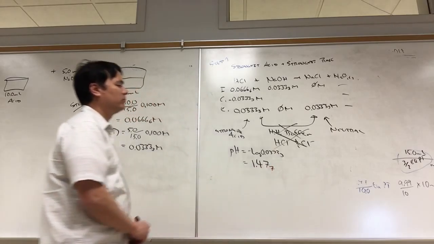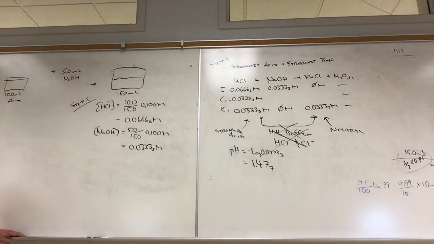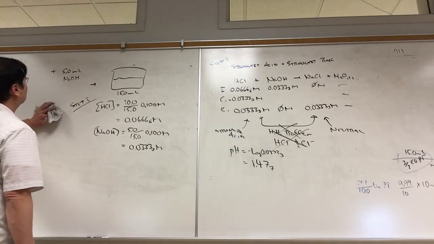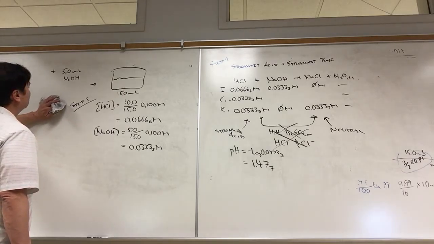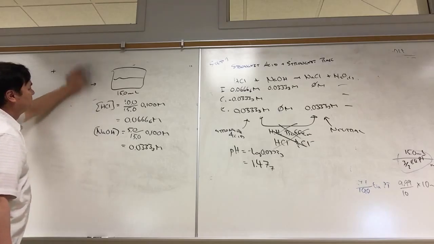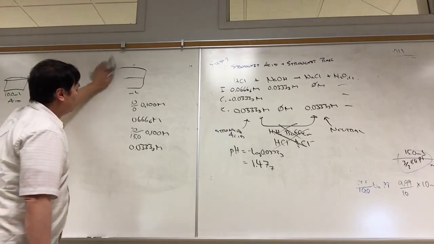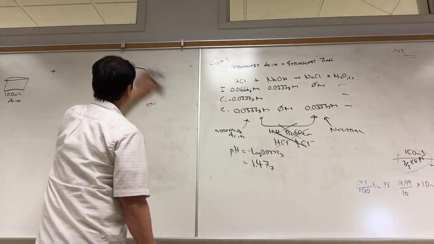Okay, which would round to 1.48. 1.477 means the pH went up just a little bit, right? We don't have as much acid because we've neutralized some of the acid, but the pH is still very low because okay, this is called the half equivalence point.